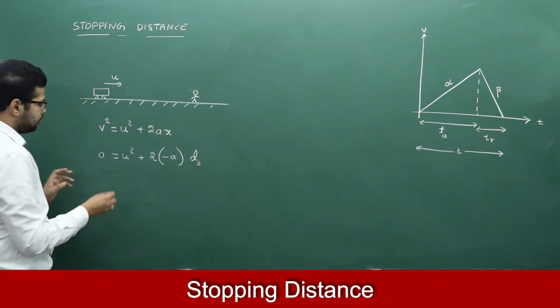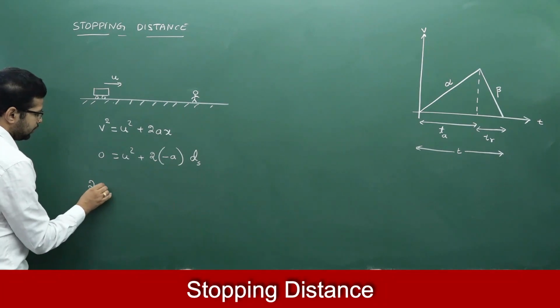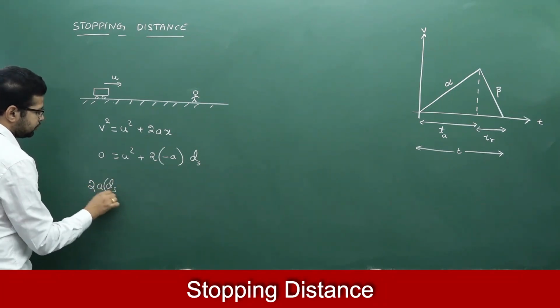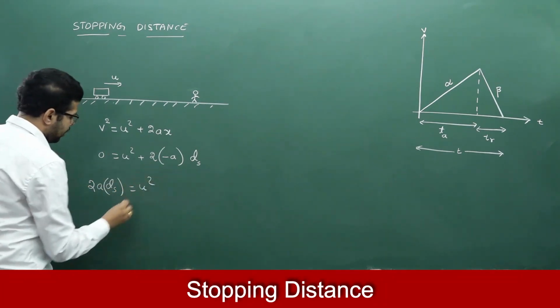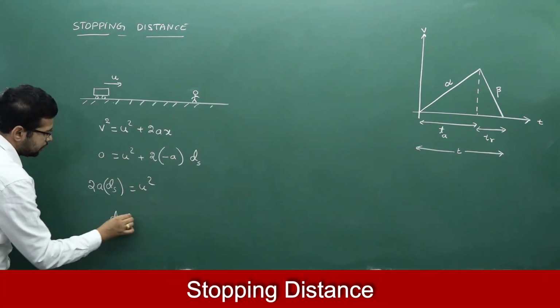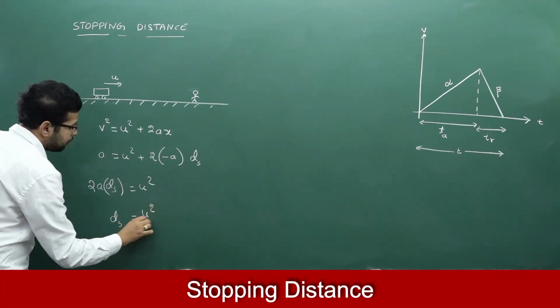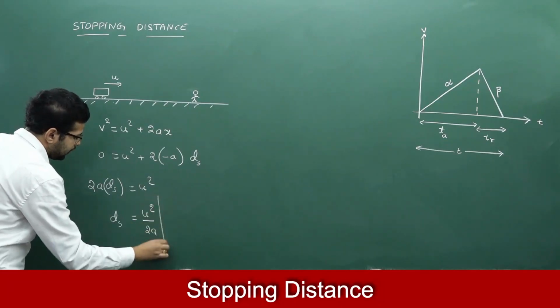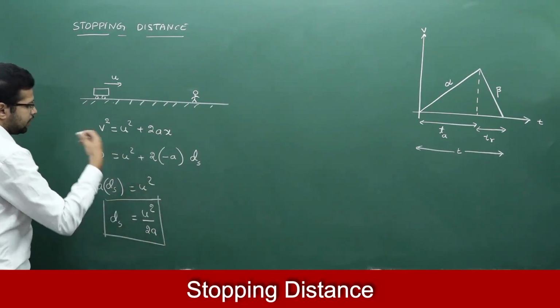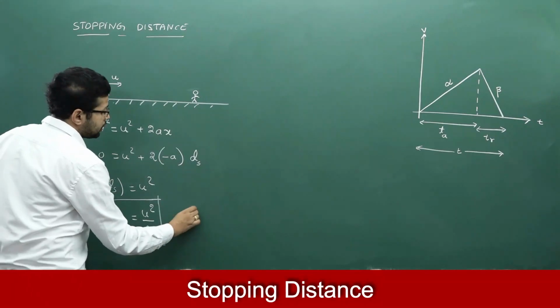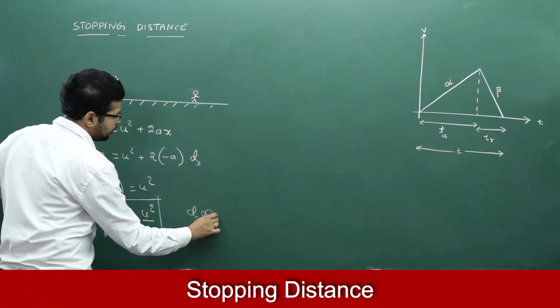So what happens to this equation? 2 into a into stopping distance is equal to u square, or stopping distance is equal to u square by 2a.